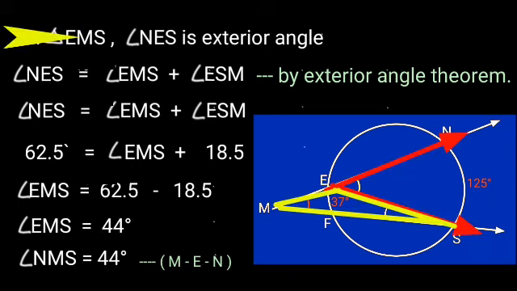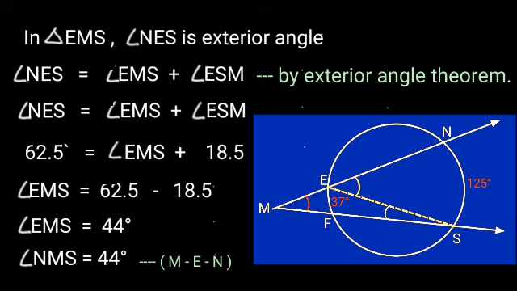In triangle EMS, angle NES is the exterior angle, hence by the exterior angle theorem, angle NES is equal to angle EMS plus angle ESM.